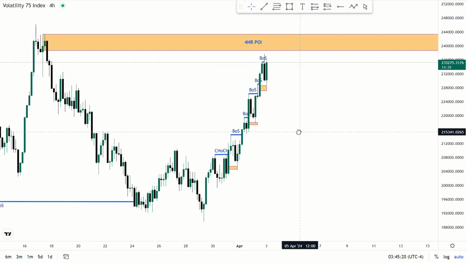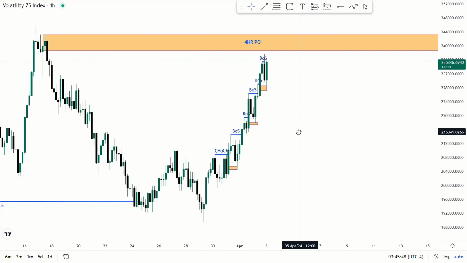There's someone out there using a 15-minute chart like me, and when you are scalping on the 1-minute chart, your 15-minute chart is going to be your bias for all your entries.